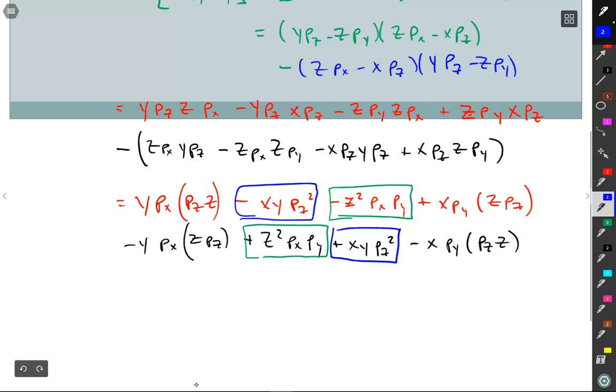And then we have y px and x py with things that are order specific.